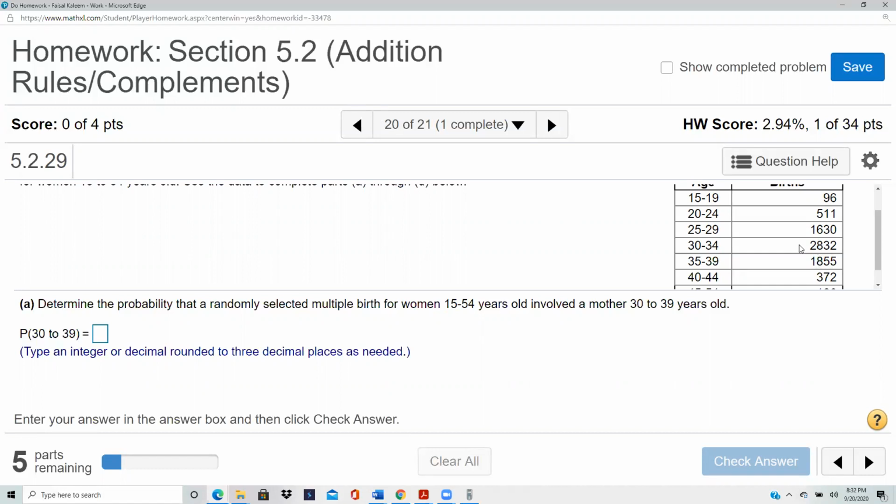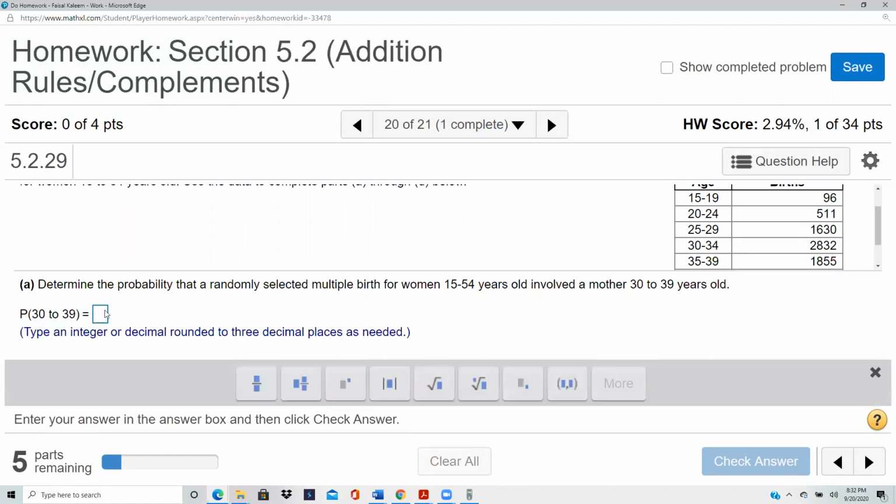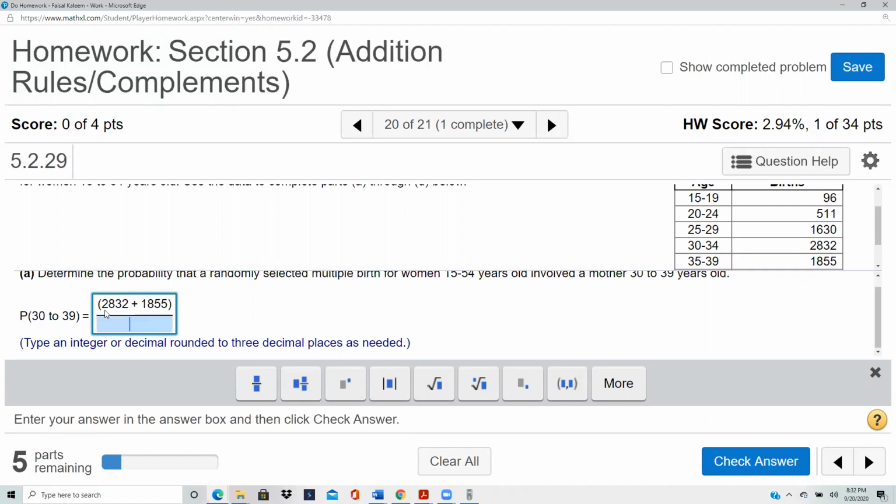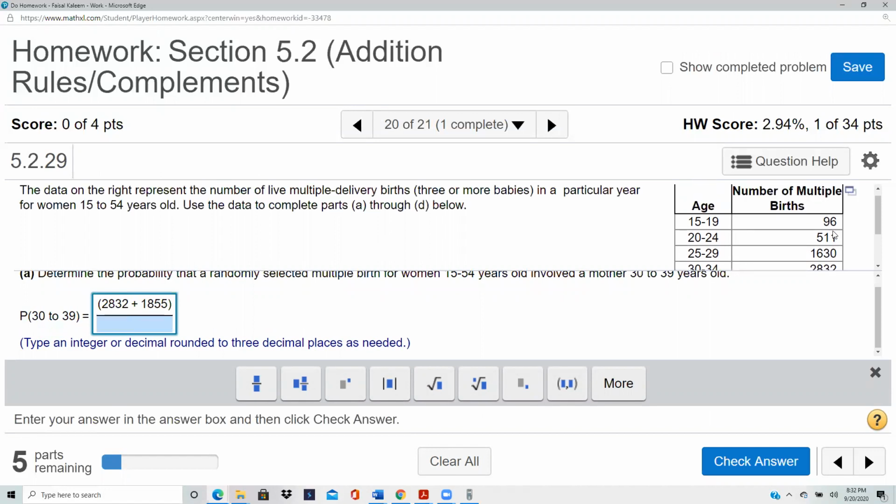So you do 2832 plus 1855, and that needs to be divided by the total. So you add all these up.